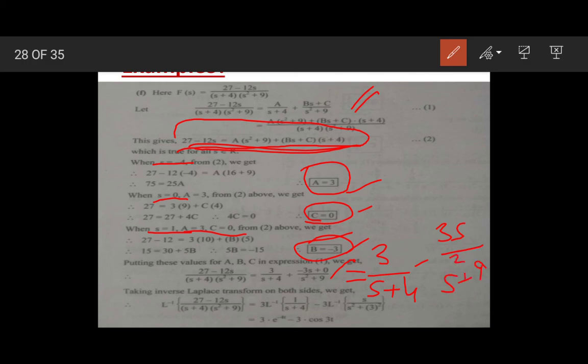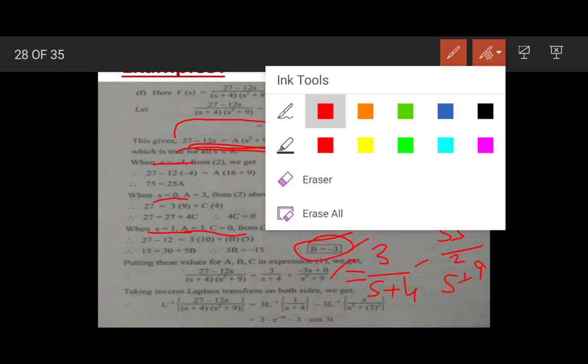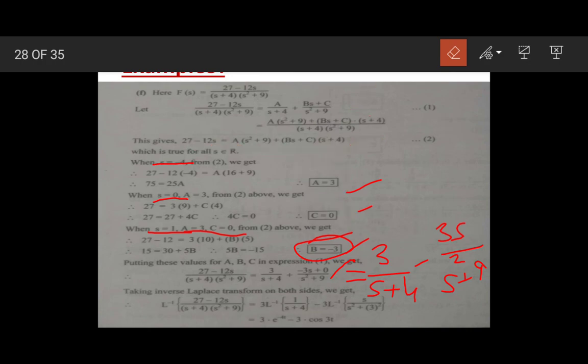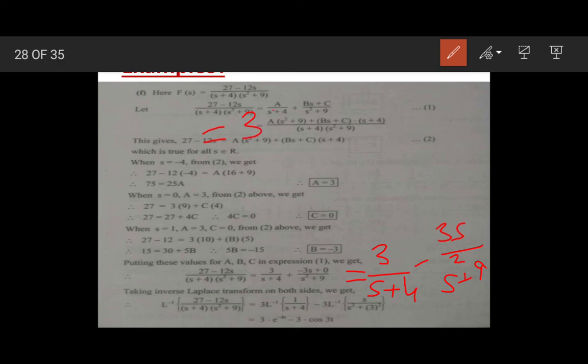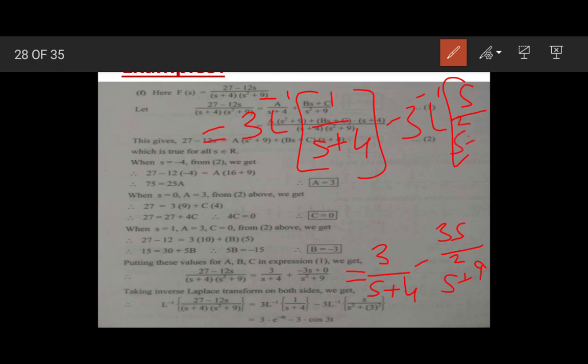So inverse Laplace will be, 3 is constant, so 3 will come outside. So that will be 3 inverse Laplace of 1 upon (s plus 4), then minus 3 constant inverse Laplace of s upon (s square plus 9). 9 means 3 square and 4 means 2 square, right?